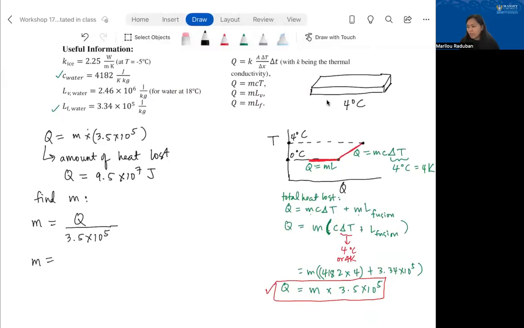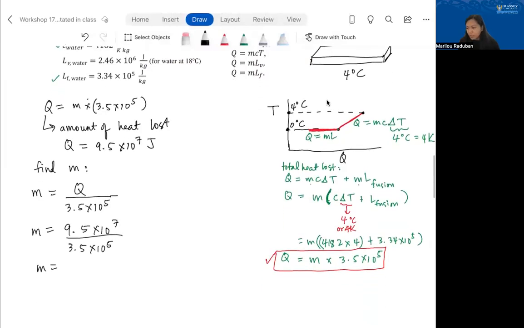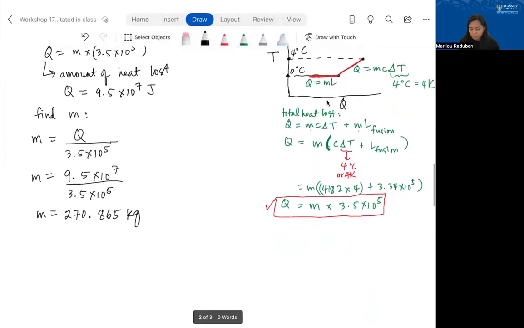So we can calculate the mass: 9.5 times 10 to the 7 divided by 3.5 times 10 to the 5 gives us a mass of 270.865 kilograms. So we know the mass.